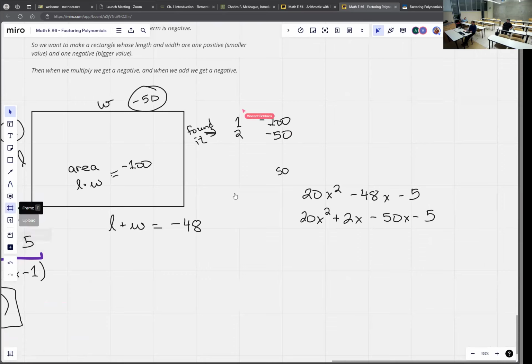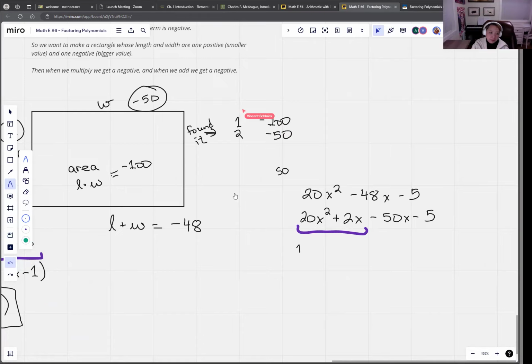Okay, I am staring at the first two items, 20x squared plus 2x. What do I write in front of the parentheses that I'm about to make? 10 is too big, there's no 10 in 2. Maybe 2x first. 2x, and then 10x plus 1. Everyone okay with that half?